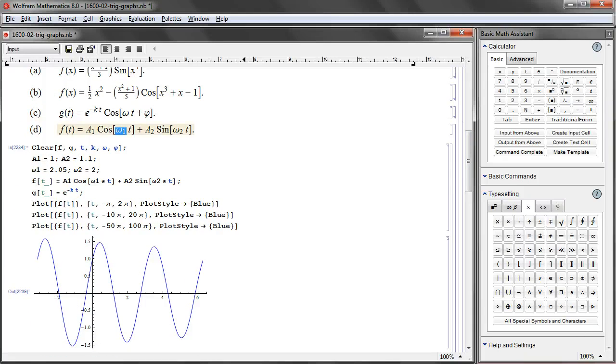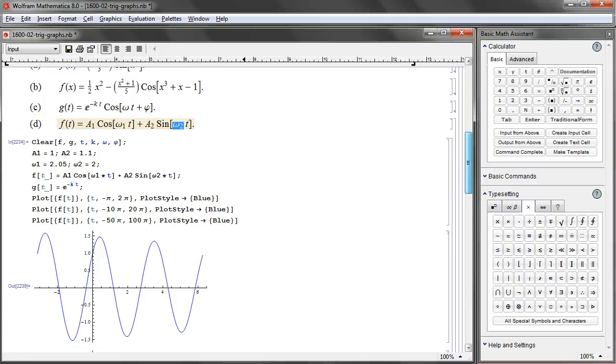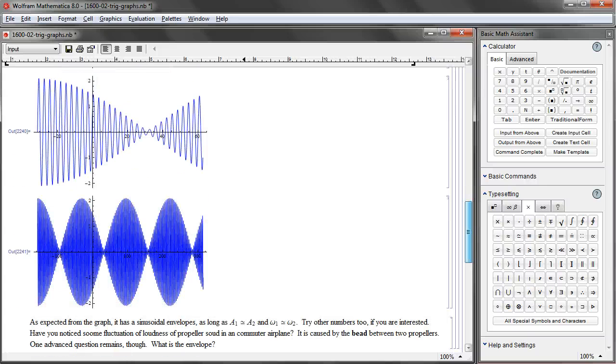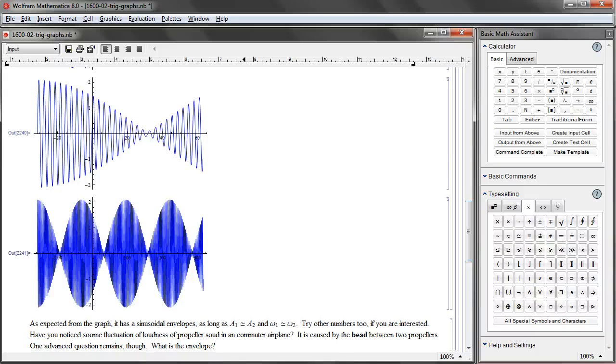This omega-1 and omega-2 are supposed to be very similar, and if you just get the envelope, you get a third graph like this, and you have kind of sound coming from those beats.